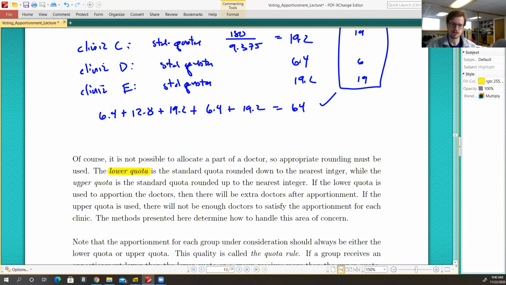And when we round the standard quota up, it's called the upper quota. Each group should receive either the lower quota or the upper quota. If they receive more than the upper, that would be unfair because they're getting more than they need. If they're getting less than the lower quota, that would be unfair because they're getting less than they need. So fair would be to receive the lower quota or the upper quota.